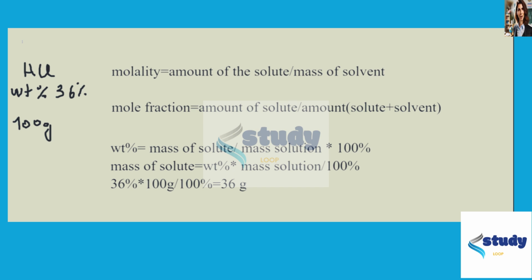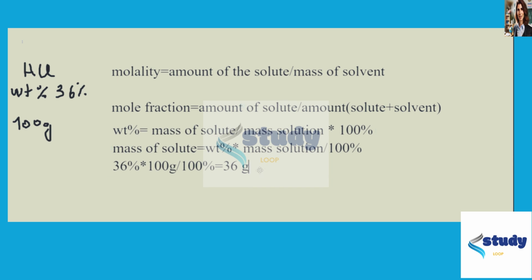If we assume the 100 grams, we can also calculate the mass of the solvent by just subtracting the mass of the solute from the mass of total solution.